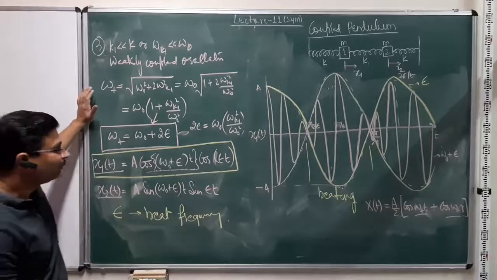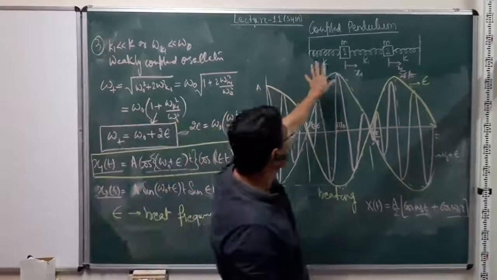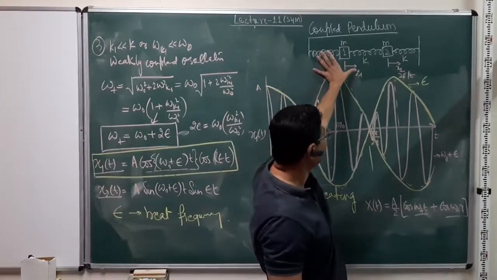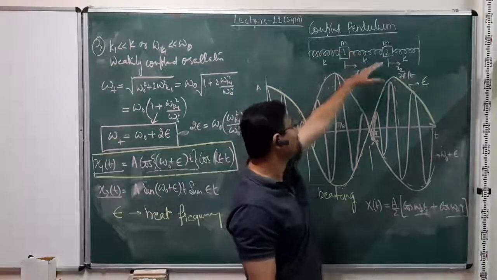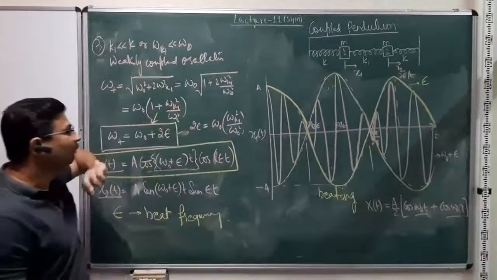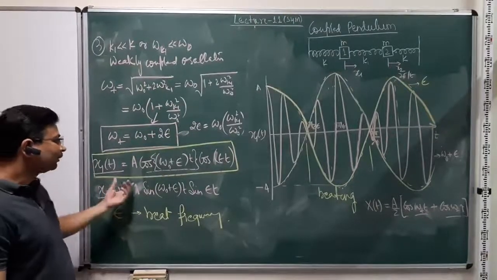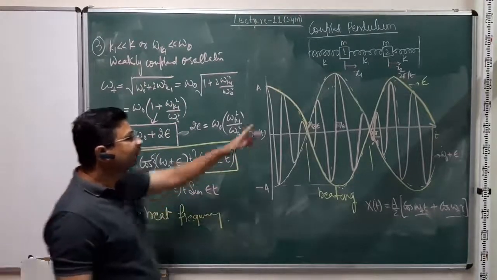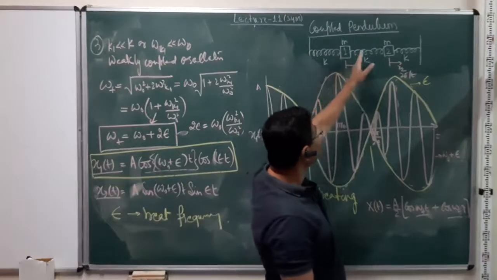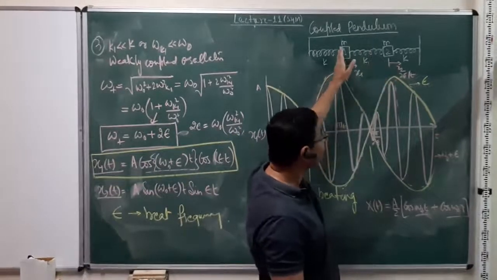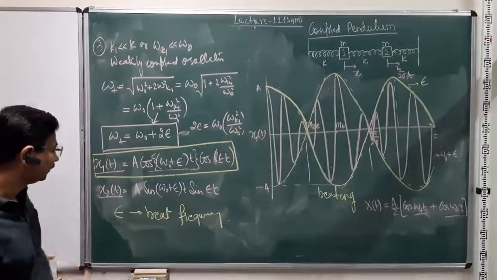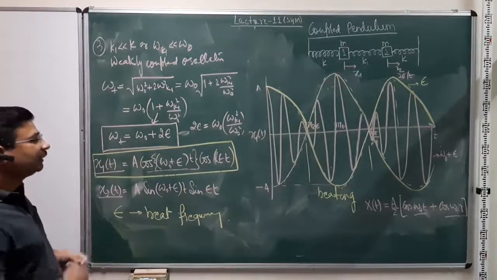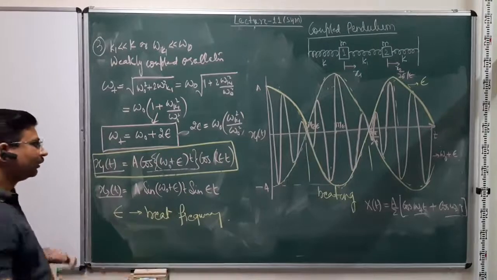That means, to begin with, all the energy is stored in the motion of mass 1 and none in mass 2, which is true because we have only displaced mass 1 and not mass 2, right? However, with time, that energy gets shared. It's not that if you only displace this one, only this oscillates. Because the coupling is present, it starts transferring energy to the other oscillator.